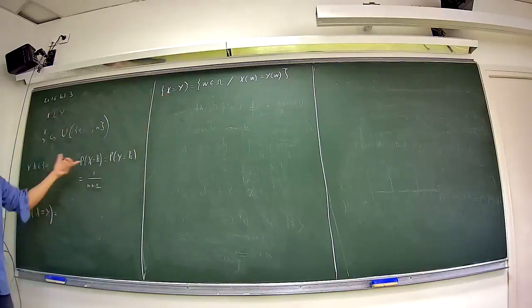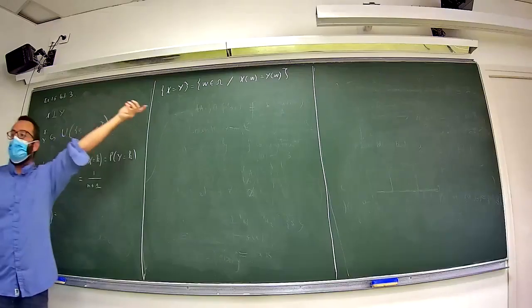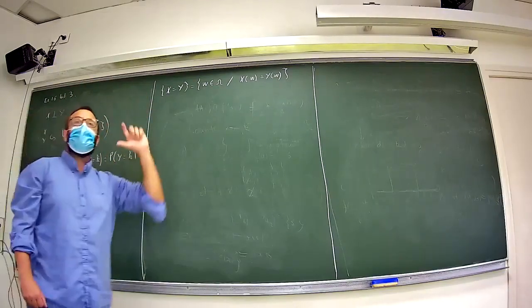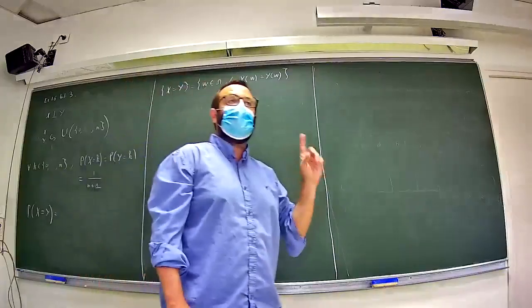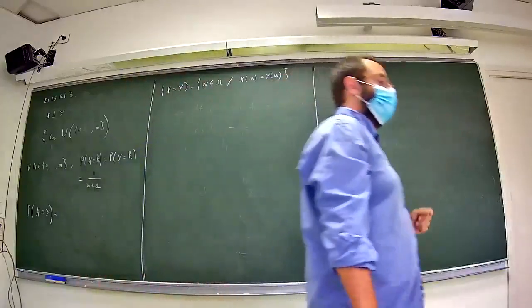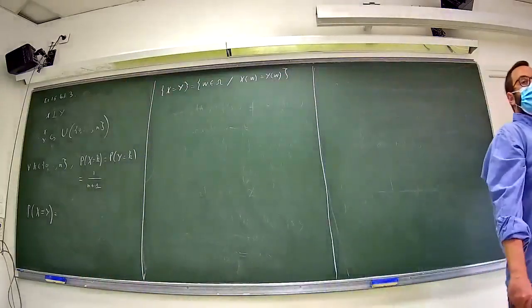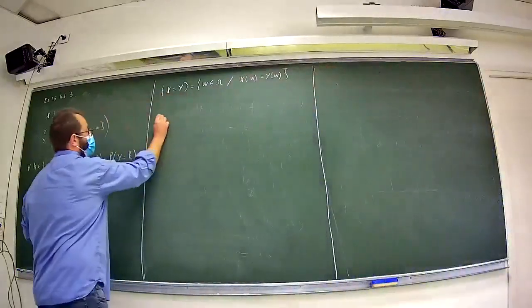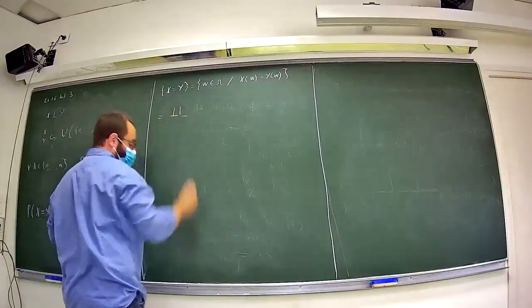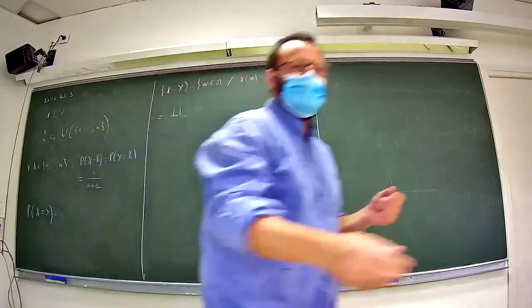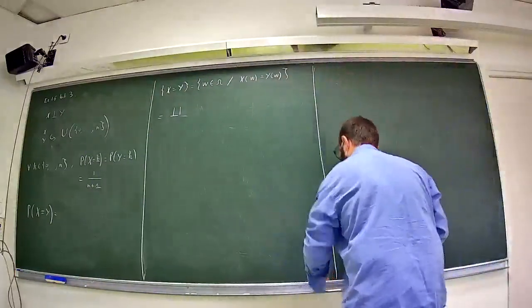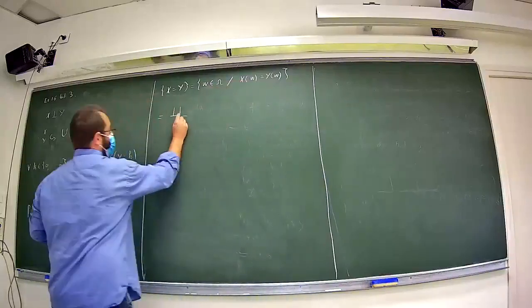I know that my two random variables take values in 0, 1, 2, up to n. They will be equal if they take the same value. That is, they are both equal to 0, or they are both equal to 1, or they are both equal to 2, and so on. So one possibility is to write this as a disjoint union.